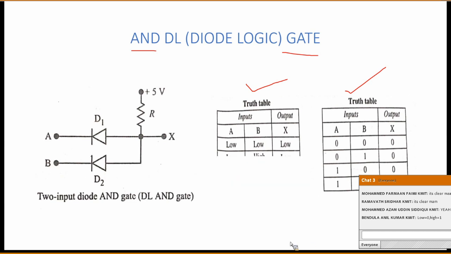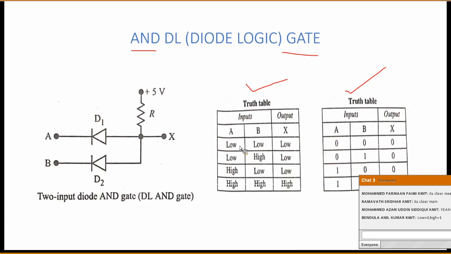Low means 0 and high means 1. But practically, if I want to implement this circuit in a circuits lab, then what will be given as low and what will be given as high? Some voltage we need to give, because here the supply voltage is also given as 5 volts. I need to give some supply voltage for inputs A and B also, which will be taken as logic 1 and which as logic 0.